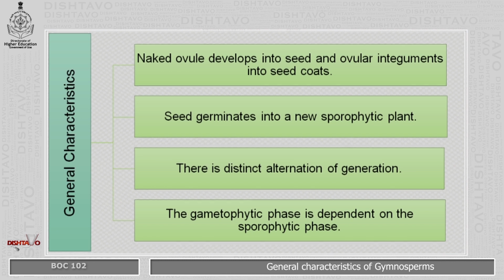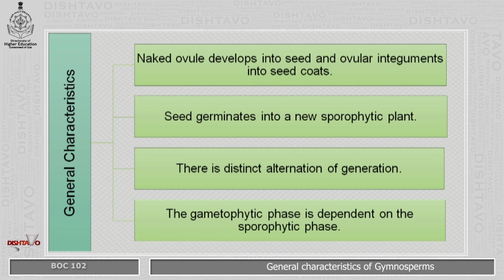The sporophytic generation is represented by roots, stem and leaves, whereas the gametophytic generation is represented by the male gamete and the female gametophyte, that is the archegonium with the egg. And thus, always the sporophytic generation alternates with the gametophytic generation and the gametophytic generation alternates with the sporophytic generation, and so it shows a distinct alternation of generations.